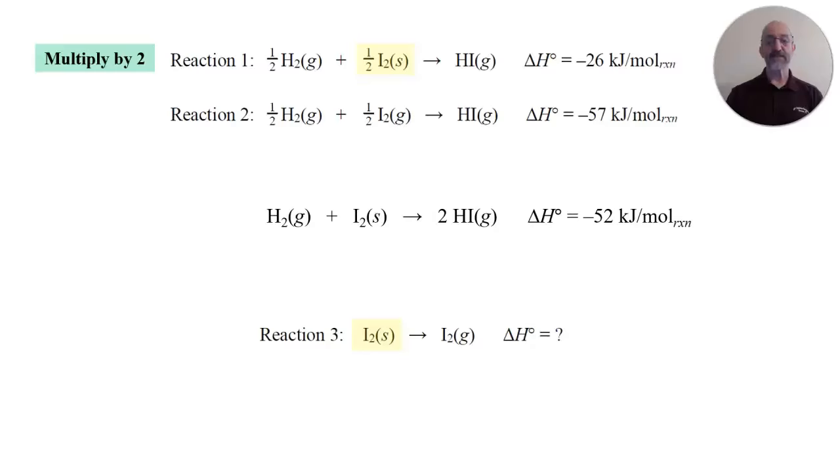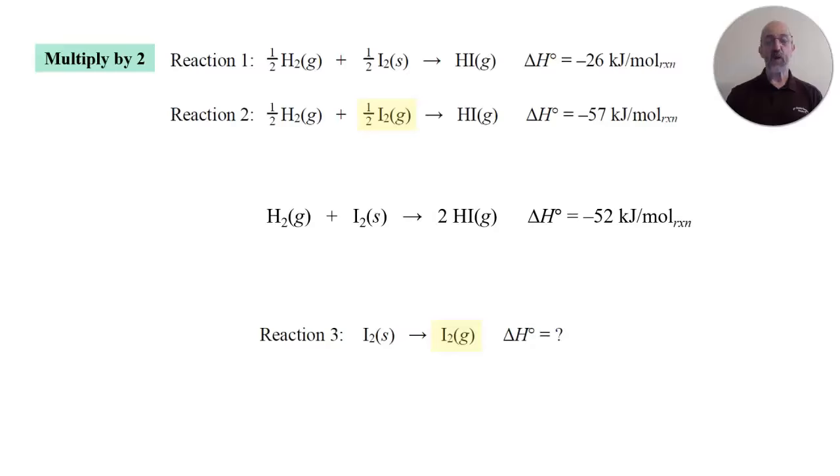The next substance that I will focus on is, instead of solid iodine, gaseous iodine, which appears on the right. So I need there to be 1 mole of gaseous iodine, or I2, on the right side of the equation. Therefore, reaction 2, which has gaseous iodine on the left, needs to be reversed.